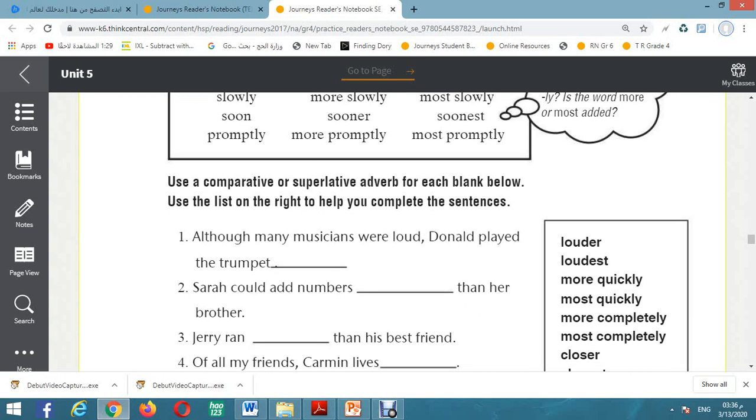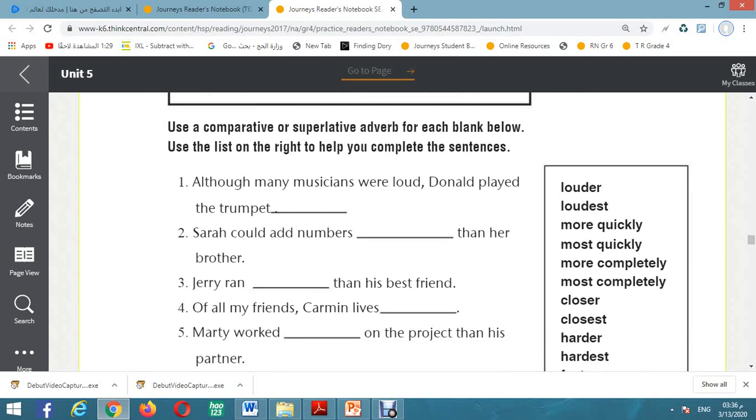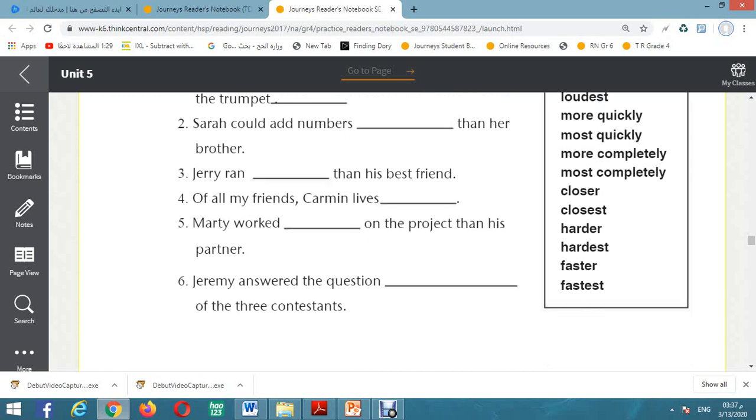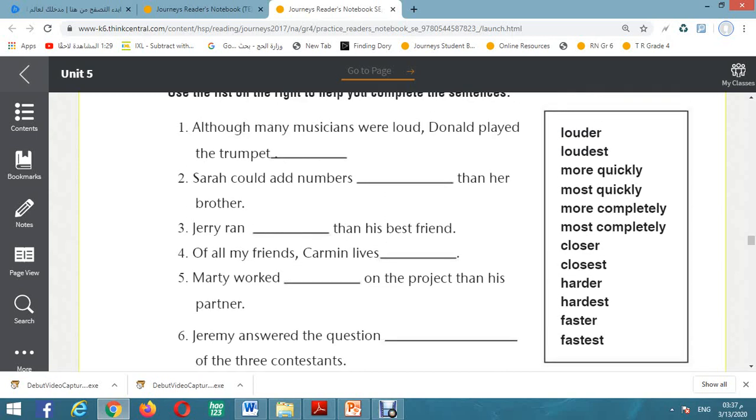Now use the comparative or superlative adverb for each blank below. Use the list on the right to help you complete the sentences. So you are going to fill in the gaps with words from the list: louder, loudest, more quickly, most quickly, more completely, most completely, closer, closest, harder, hardest, faster, fastest, and so on.